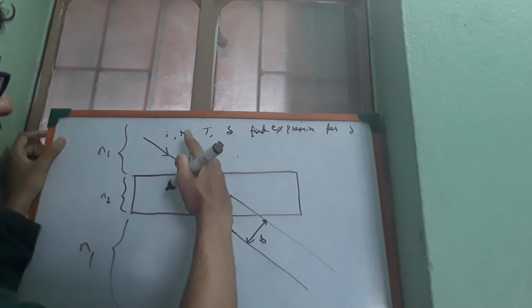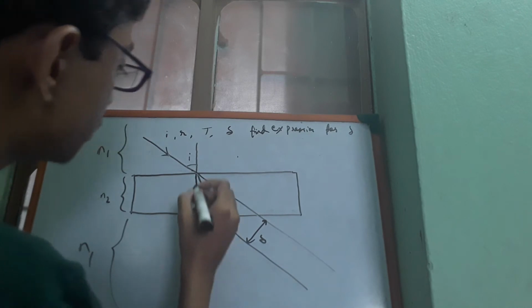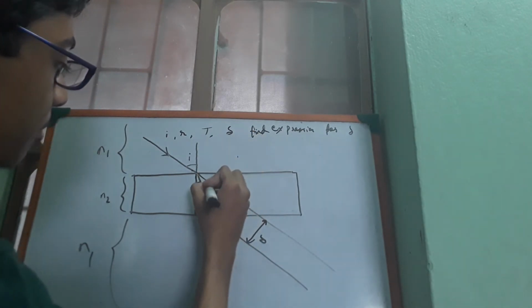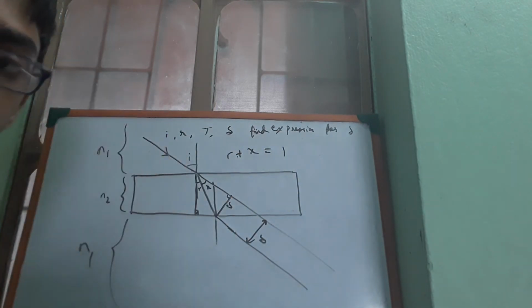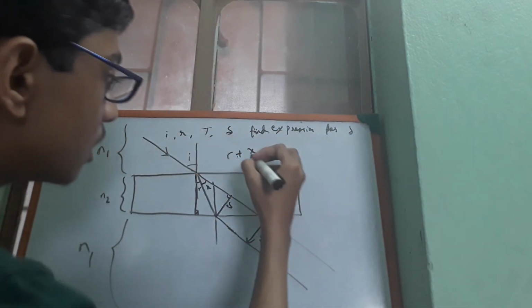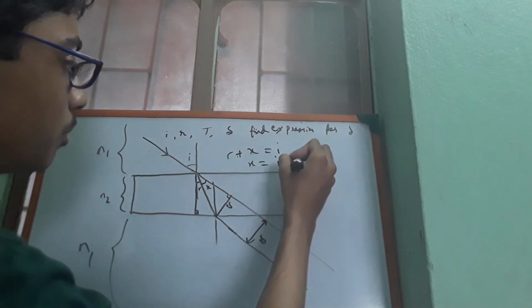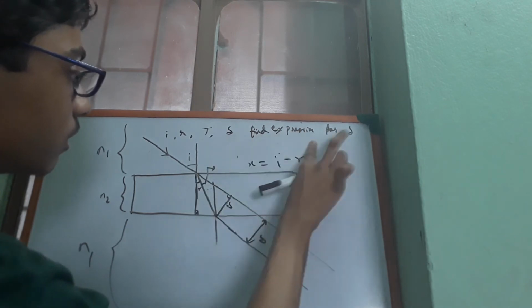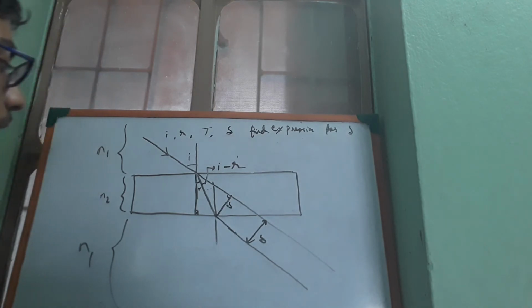Refracted angle is the angle by which the light has bent. So this angle here will be R, and let this angle be X. R plus X is i, because they are vertically opposite angles. That means X should be small i minus R. So this angle here should be I minus R. I hope that is clear.